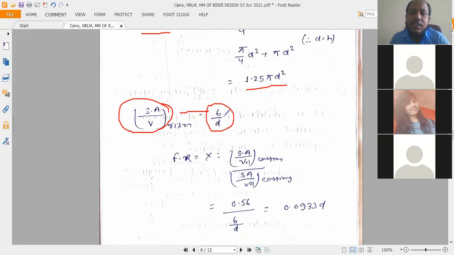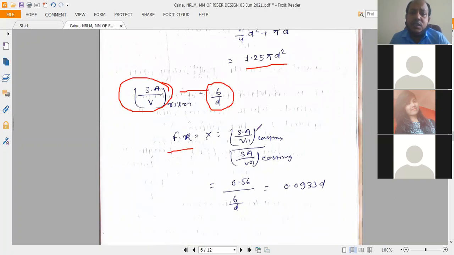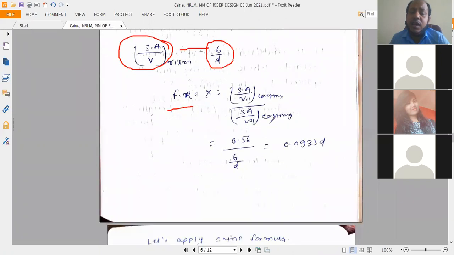We have already seen this. The freezing ratio will be surface area by volume of the casting.